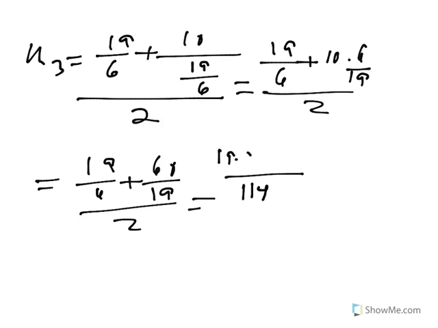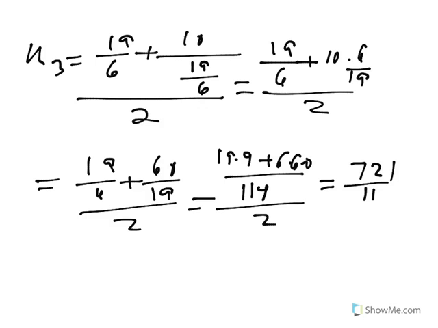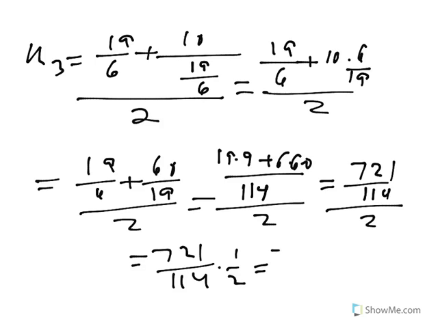And this becomes 19 times 19 and 6 times 60 over the common denominator. This ends up becoming 721 over 114 over 2, which is 721 over 114 times 1/2, which is 721 over 228. That is very close to the square root of 10.